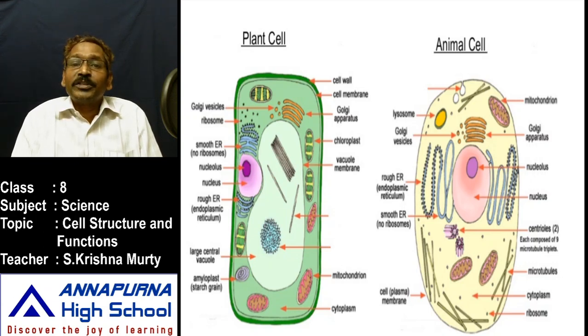All those processes should be controlled by this nucleus only, simultaneously, while carrying out all kinds of functions, without any break or disturbance among themselves. So it plays the prominent role in controlling all activities within the cell.